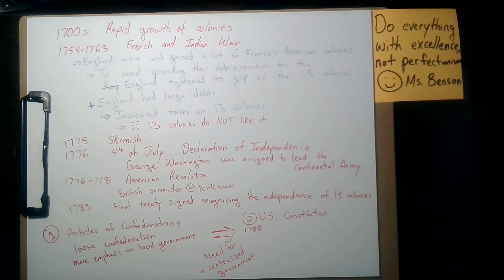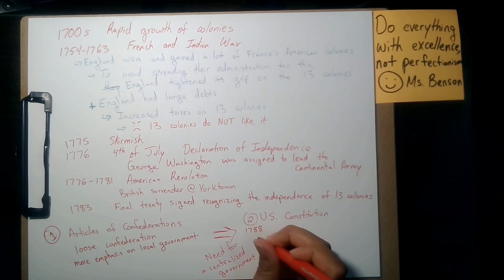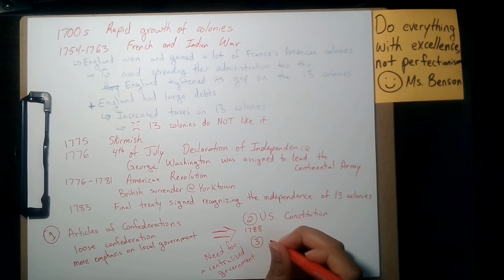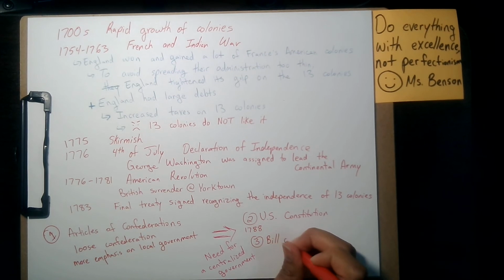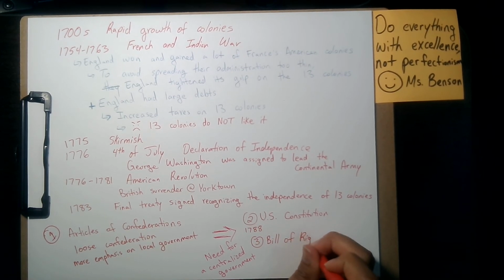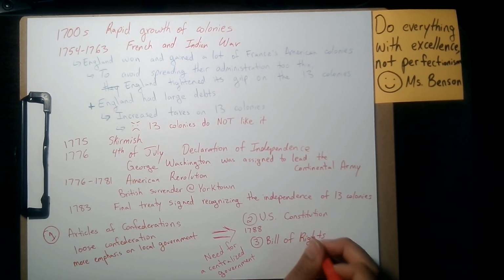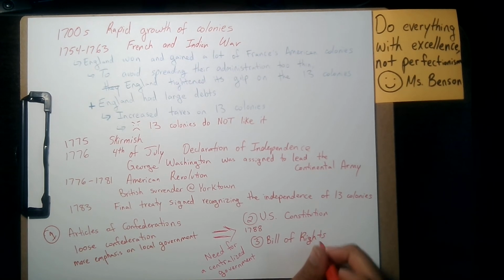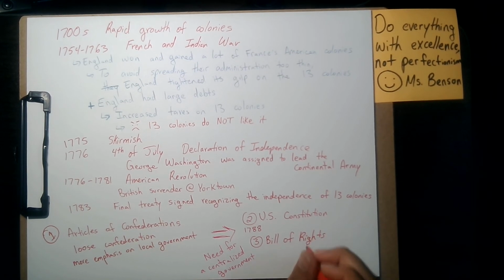Still, people were really concerned. So then we have the Bill of Rights. The Bill of Rights isn't talking about the powers of the government. The Bill of Rights is talking about the rights of the citizen. Remember, they had just come from being oppressed.